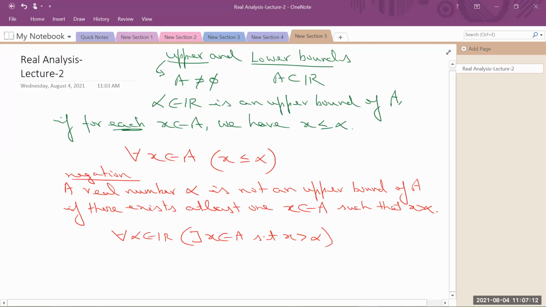If alpha is not an upper bound, then whatever alpha is given to us, there exists at least one member from the set which exceeds alpha. So this one is the negation of this statement.